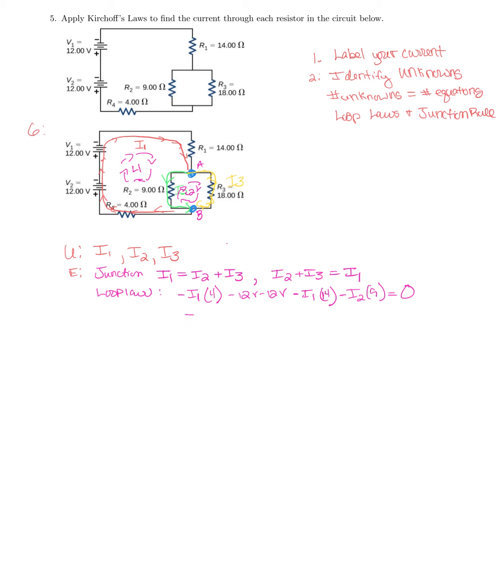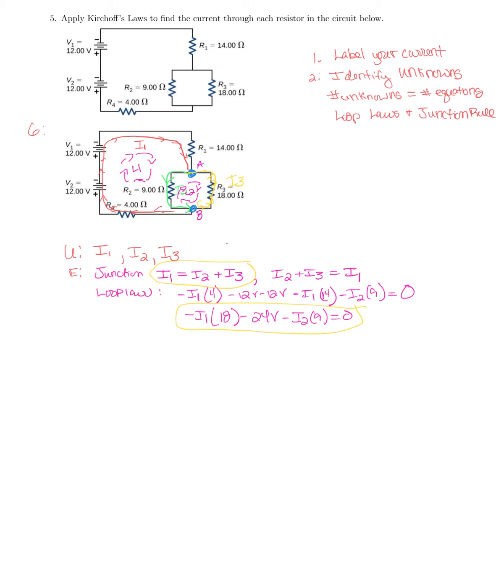So let's put things together: I1 times 4 and 14 gives us 18, and then we have negative 24, minus I2 times 9, equals 0. Okay, so this is an equation.